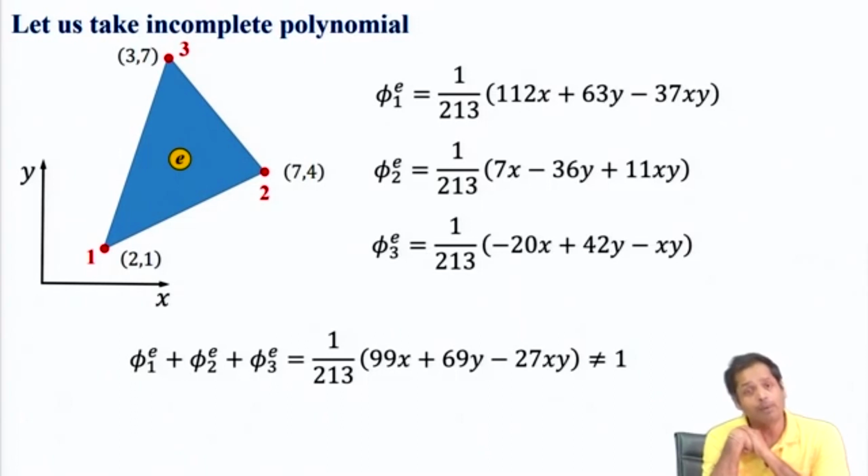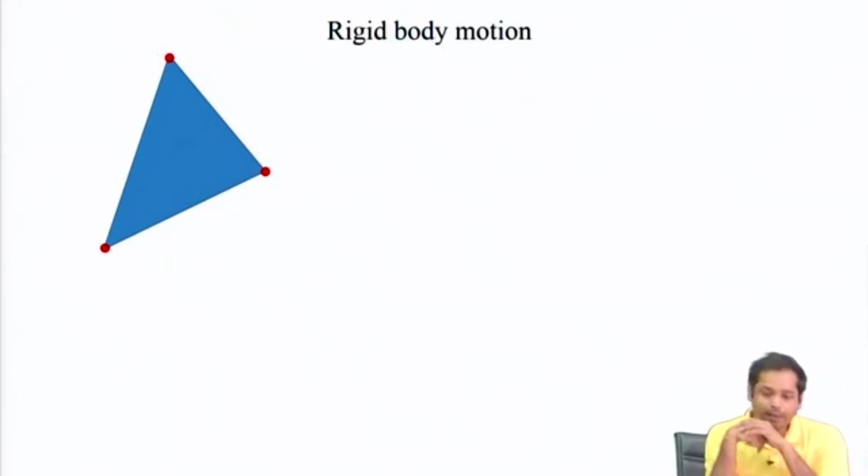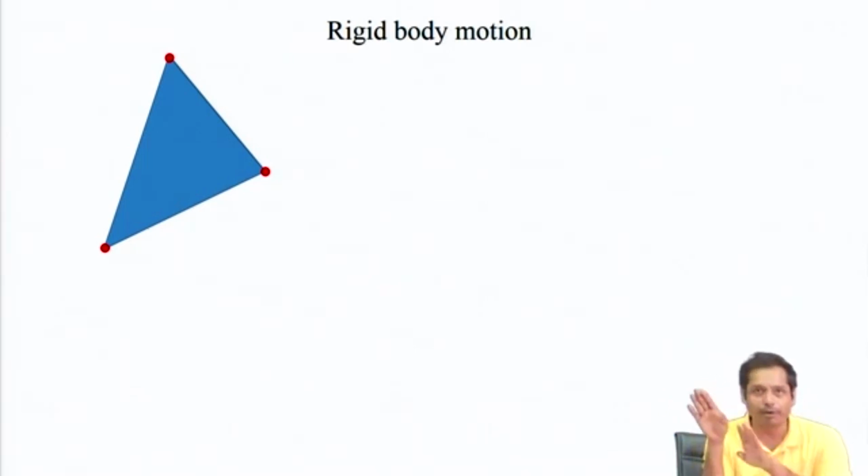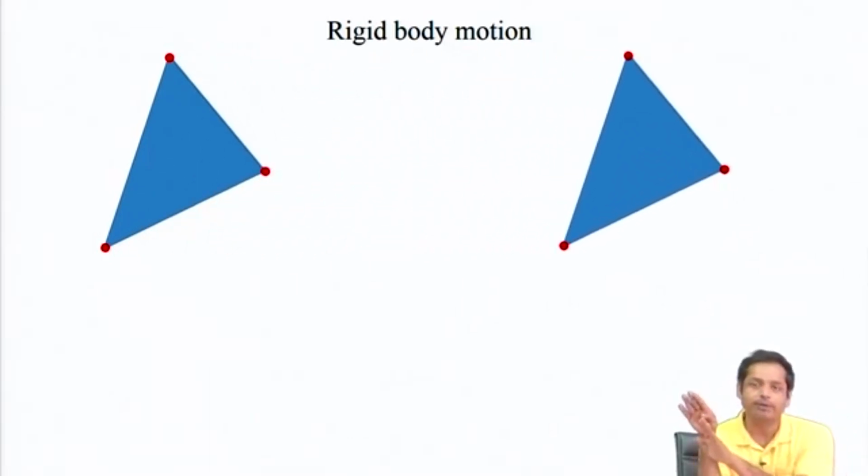But what is the problem if it doesn't satisfy the partition of unity property? Let's see. Suppose this is the element, and suppose this element is moving as a rigid body. When it moves as a rigid body, what happens?